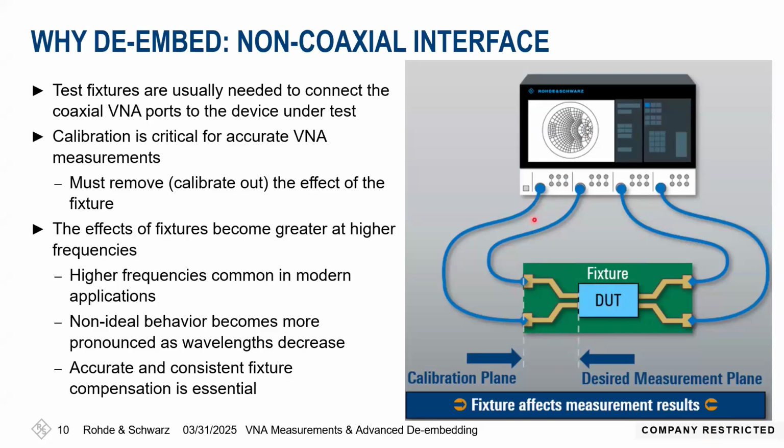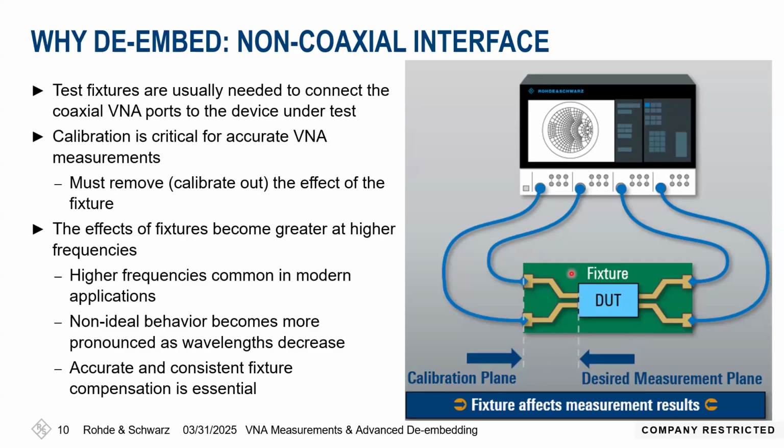When we perform the calibration, it is usually done at the end of the cables, as discussed in our previous slide. So this is our calibration plane over here. We need to measure the response of our device under test, so our desired measurement plane should be at the device under test.